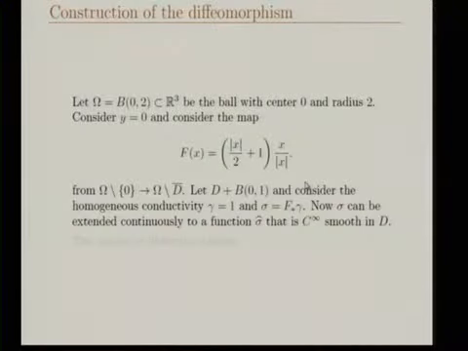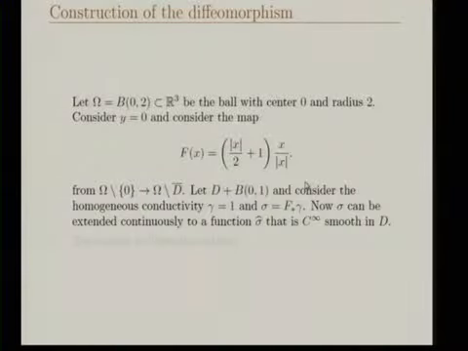So you consider B(0, 2), the ball centered at 0 of radius 2 contained in R3, and a diffeomorphism that takes this omega, which is B(0, 2) minus the origin, to omega minus the ball of radius 1. So this is D contained in B, where D is equal to B(0, 1), the ball of radius 1 centered at 0.